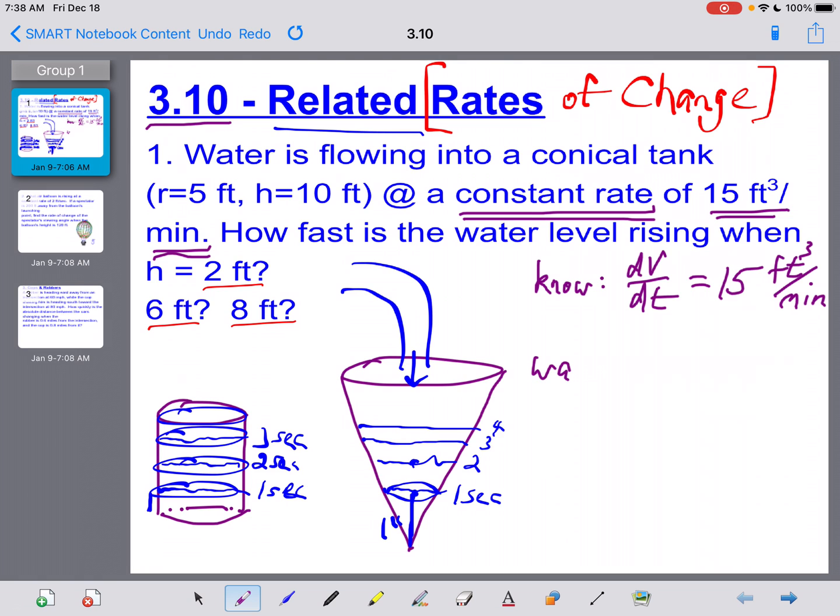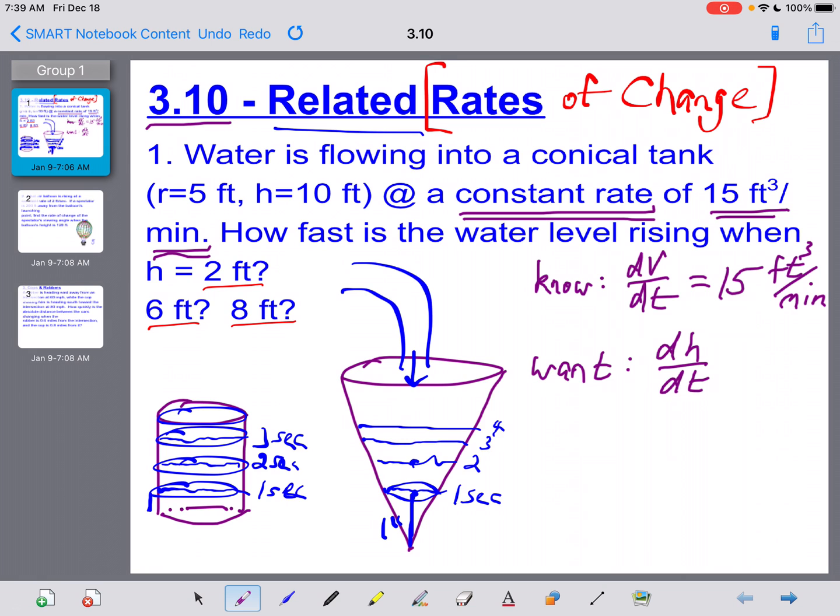Now, in addition to these problems, there's also a derivative that we want to know. So let me find the question, usually the last sentence in these problems. How fast is the water level rising? Water level. When we talk about the level of water in a tank, we're talking about the height of the water. So we are looking for the derivative now of height taken with respect to time.